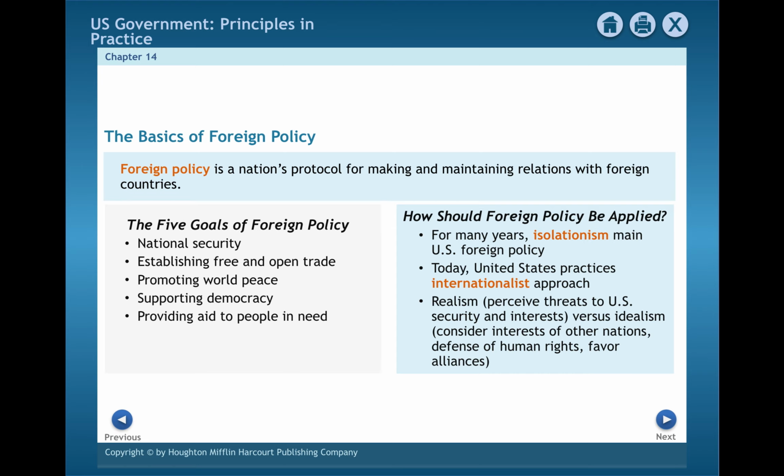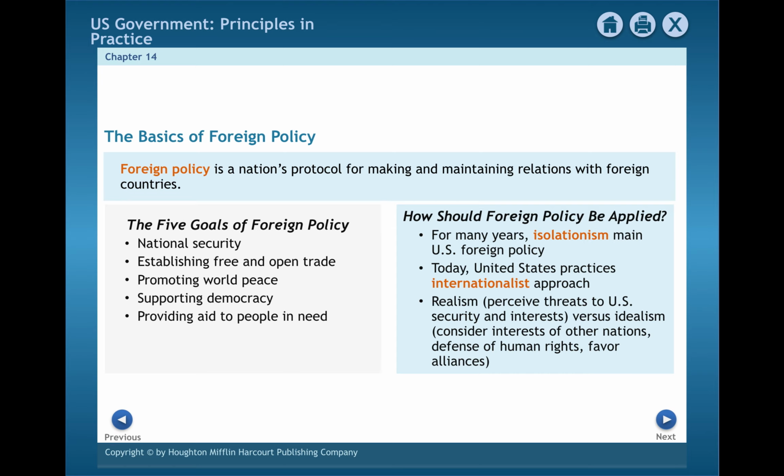They believe that our interference is not always welcome by other nations, and that it could lead the United States into prolonged military conflict. So, as you can see, this realist or internationalist approach is quite different than neo-isolationism.